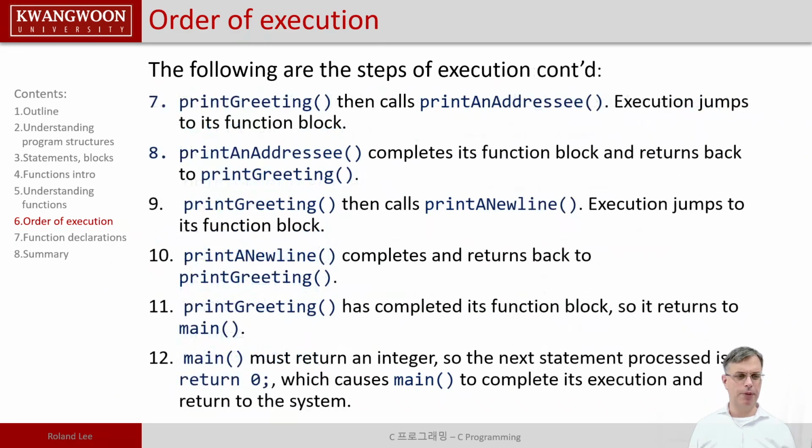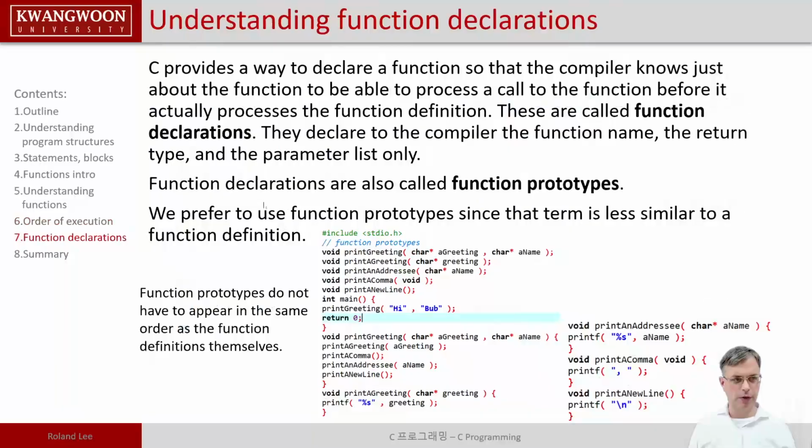This is what happened, and this is the description of what you also saw. When a function returns, it picks up immediately from where it left off in the calling function. So if there were any statements after return 0, they would never be executed.